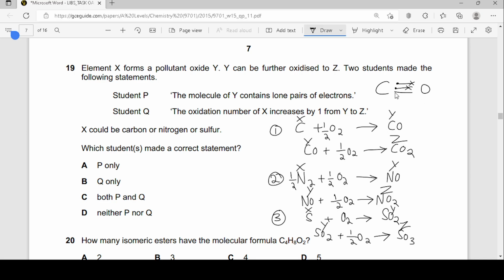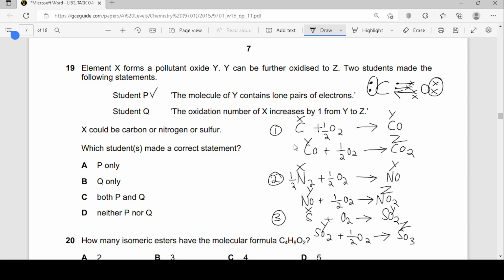Let me just see if this gives me complete octets. If I take the dative bond from oxygen to carbon, I count 8 electrons around each atom. Yeah, that is the structure of carbon monoxide, and it's a complete octet. So it contains lone pairs of electrons, 2 lone pairs of electrons. So for carbon, the first statement is true. I need 3 ticks.